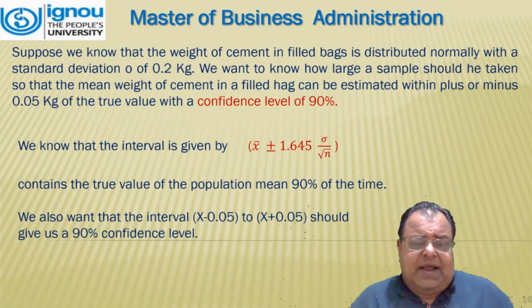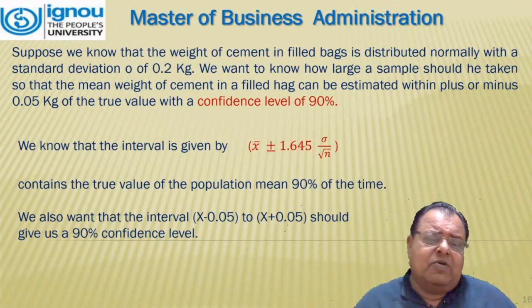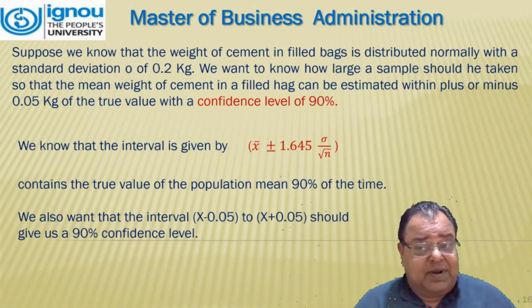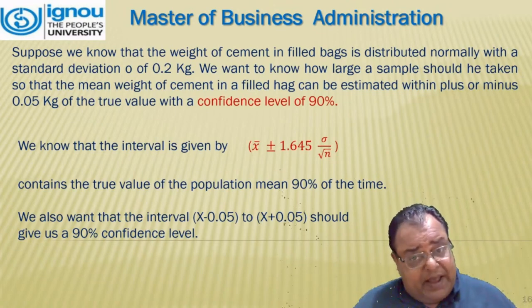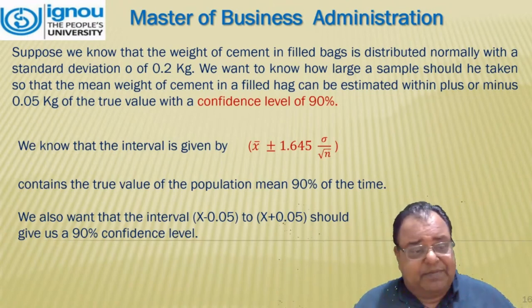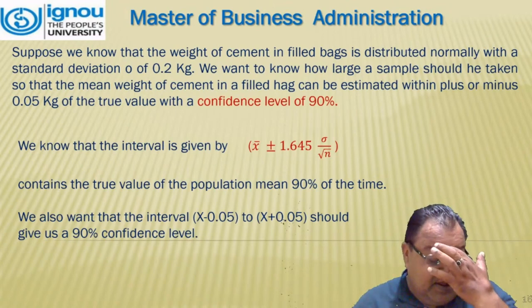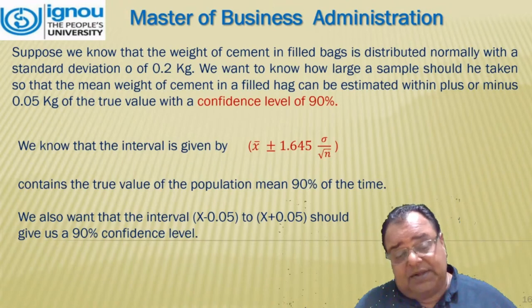Suppose we know that the weight of cement in filled bags is distributed normally with a standard deviation of 0.2 kg, and we want to know how large a sample should be taken so that the mean weight of cement in the filled bags can be estimated within plus or minus 0.05 kg of the true value with a confidence level of 90%. Now here the problem is that we have to calculate the sample size.